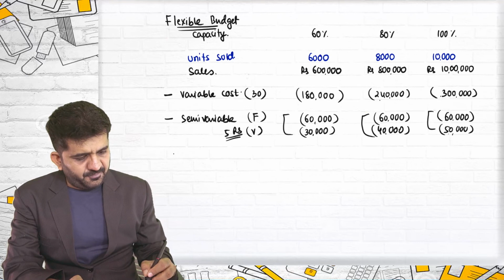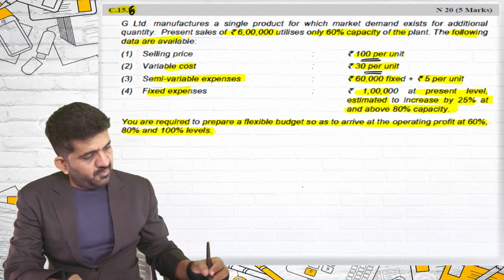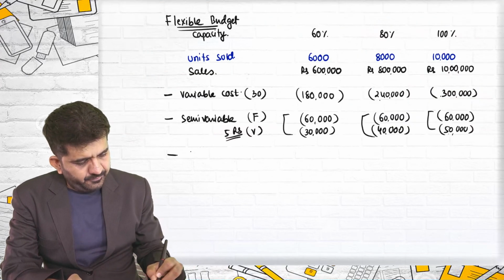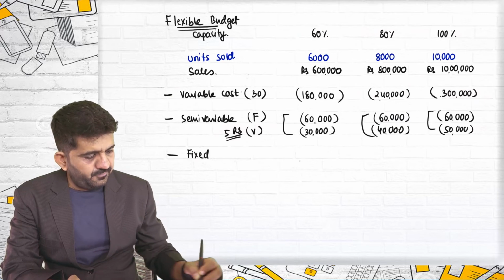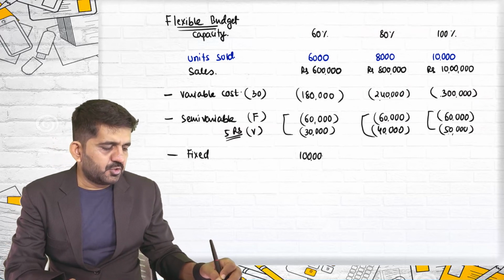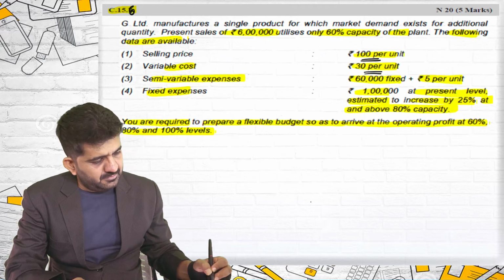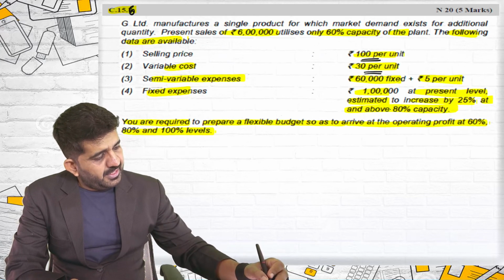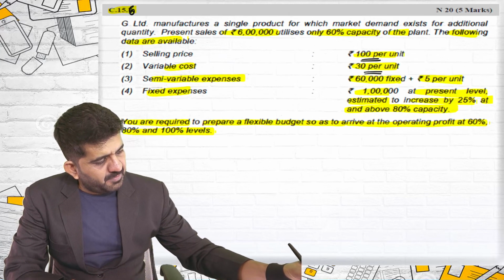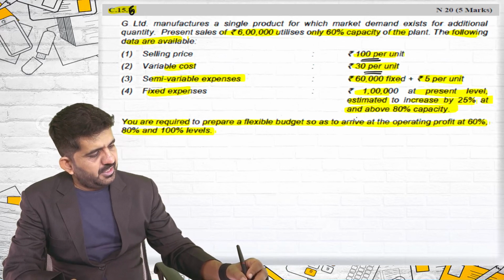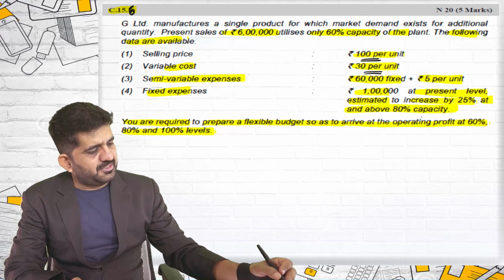And there are other fixed costs, which is 1 lakh at present level, and estimated to increase by 25% at and above 80% capacity.